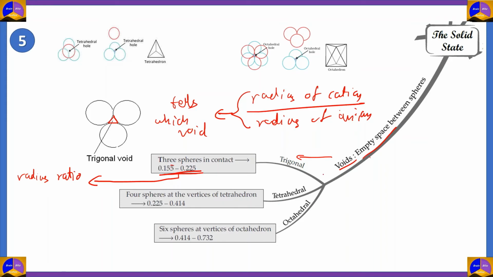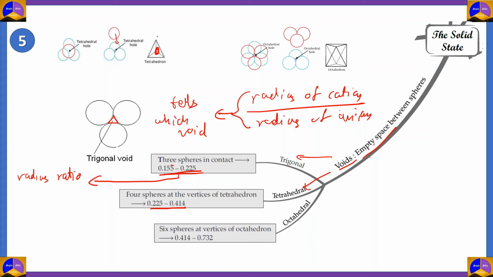The next kind of void is known as the tetrahedral void. As you can see, there are 4 atoms which line a tetrahedral void. We have three atoms together, we add a 4th one on top of it, and therefore you get a tetrahedral void like this one. Tetrahedral voids occur when the radius ratio of the solid lies between 0.255 to 0.414, and they have 4 spheres at the vertices of a tetrahedron.